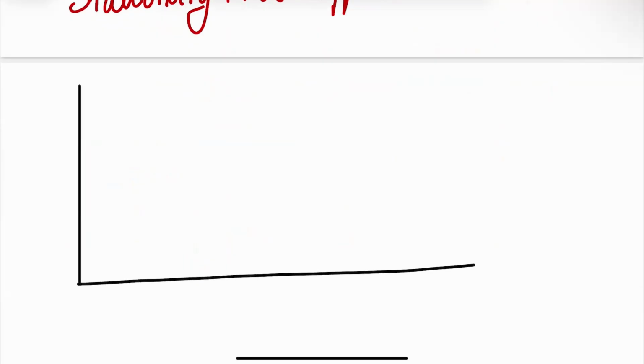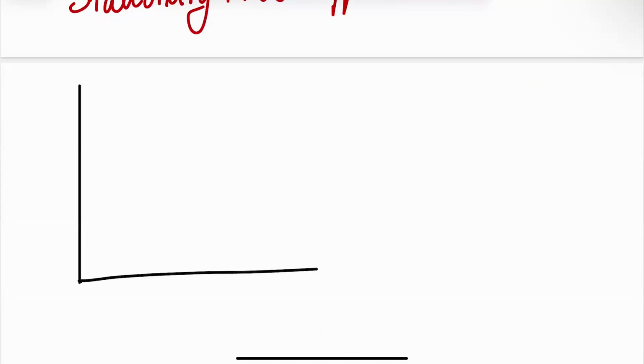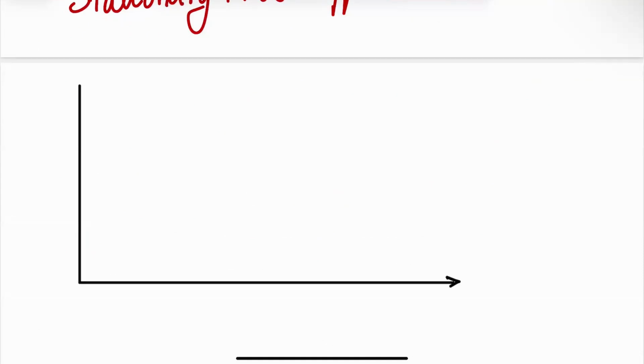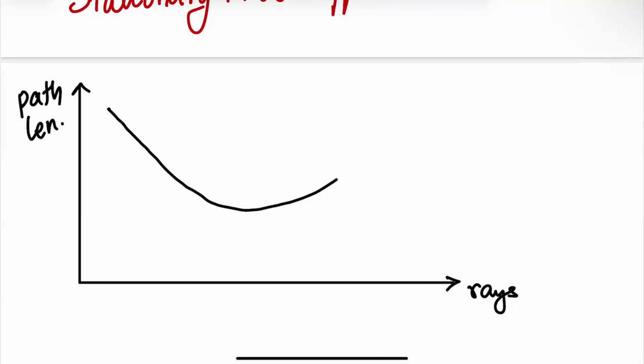So I'm plotting now. These are my rays along the surface, and I'm plotting the path length. If you plot the path length, you'll see a parabolic kind of shape. And the minimum path length corresponds to the reflected ray.